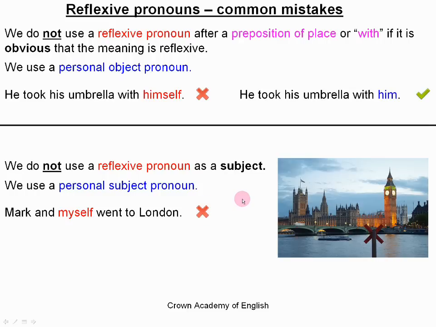This is wrong. We must say, Mark and I went to London. This is correct. So here we have used a reflexive pronoun, but this is wrong because we need a subject here. Okay? This mistake is very common even with native English speakers. Okay, so be very careful. You will hear this and see this a lot, but it is a mistake.